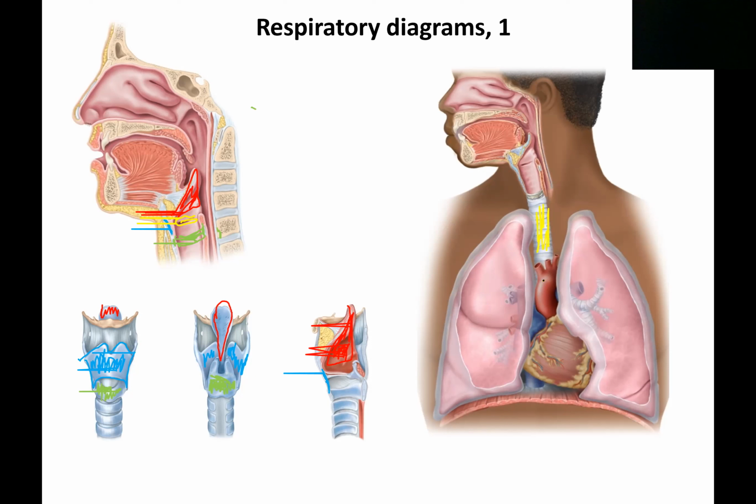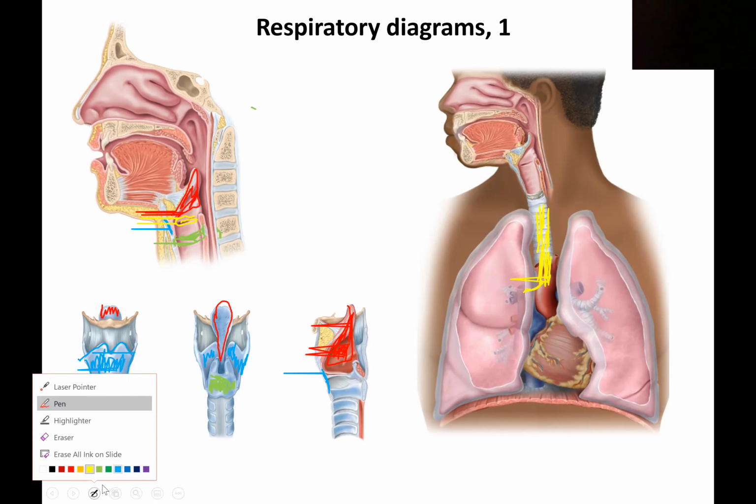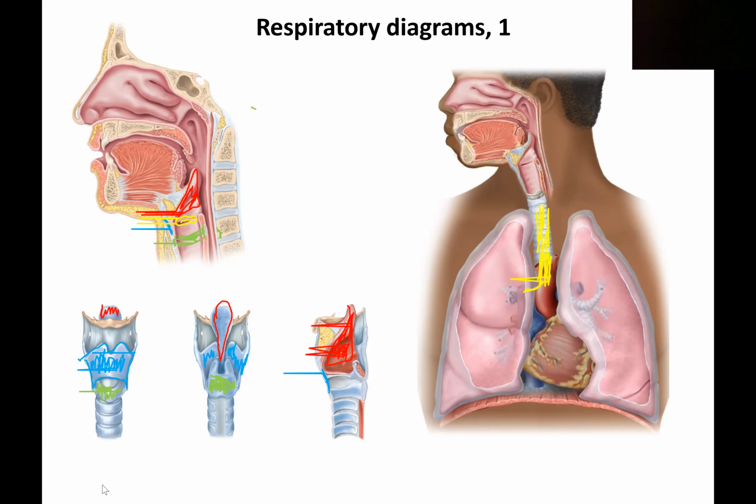On the diagram that you have, it doesn't have the heart, but it comes down to here and then it branches into the primary bronchi first. There we go. Primary bronchi, primary bronchus for singular.